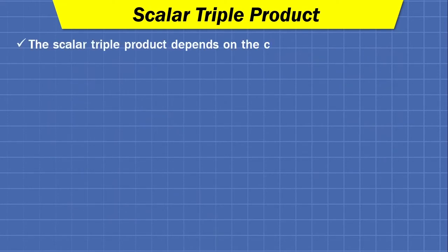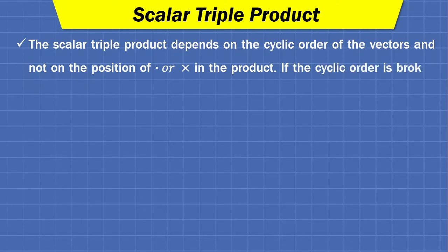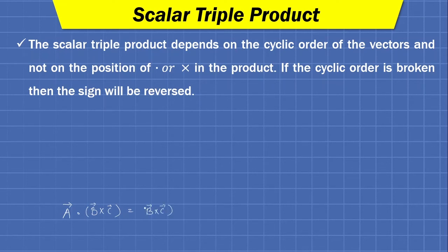the scalar triple product depends on the cyclic order of the vectors and not on the position of dot or cross in the product. What does this statement mean? As the dot product follows the law of commutation, we can say a bar dot b bar cross c bar equals b bar cross c bar dot a bar.